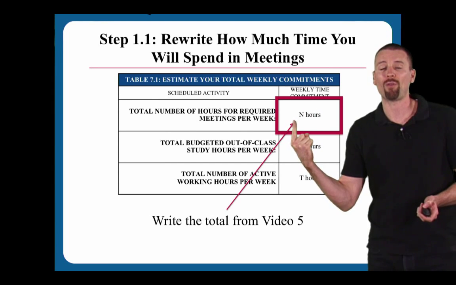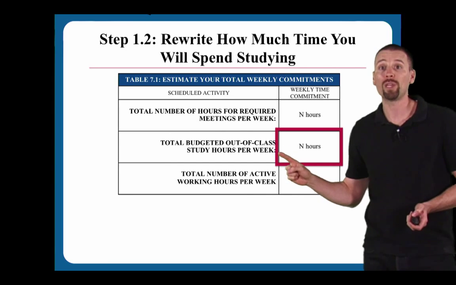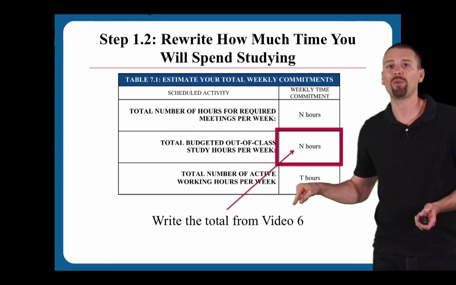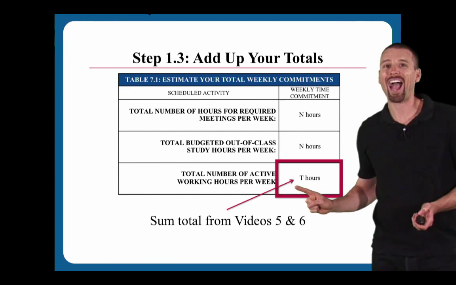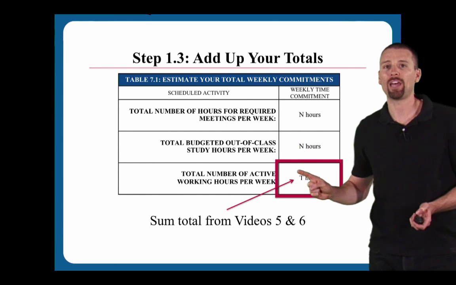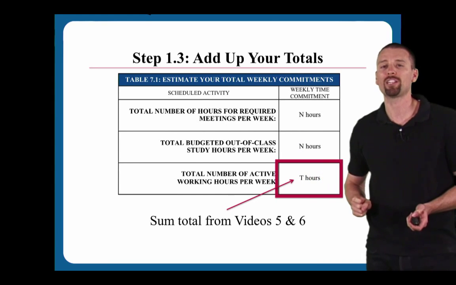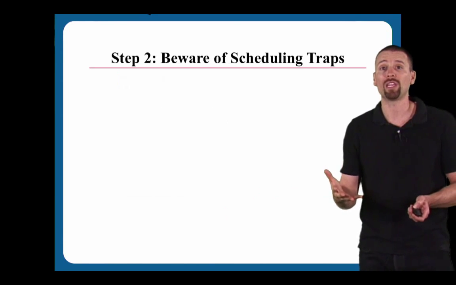So you just transfer that right in here. Your total budgeted out-of-class study hours per week, that's the total that you came up with in video 6. You're going to transfer it. And then to get the total number of active working hours per week, you just add these two numbers together. So this is the total amount of time that you're going to expect to spend actively working per week.